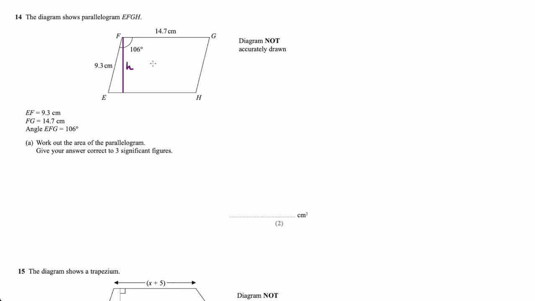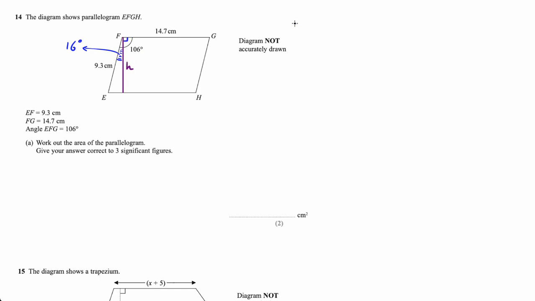I need the height to get the area of the parallelogram. So how am I going to get the height? Well, if this is 106 degrees, that, guys, is 90 degrees because I've drawn a perpendicular height straight down. And if that's 90, then this angle here has to be 16 degrees because 16 plus 90 gives me 106. Okay, now I can use SOHCAHTOA to find h.